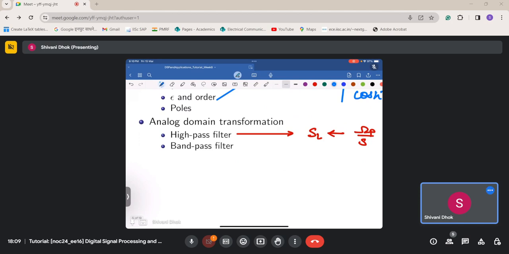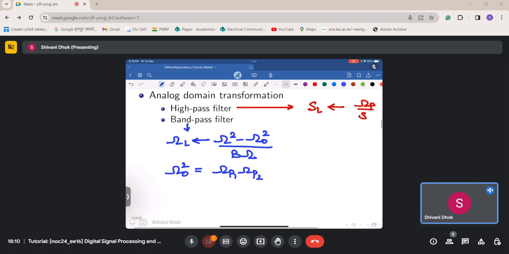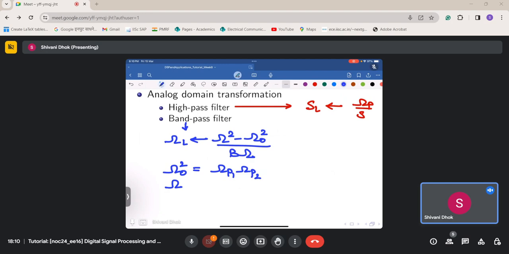And same thing we did for band pass filter also. For band pass filter, we had omega L to be replaced by omega square minus omega naught square upon b omega, and we found out that omega naught square is omega p1 into omega p2, and b corresponds to bandwidth, which is omega p2 minus omega p1.